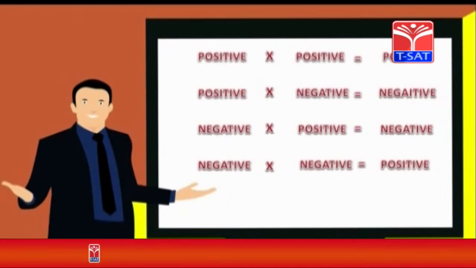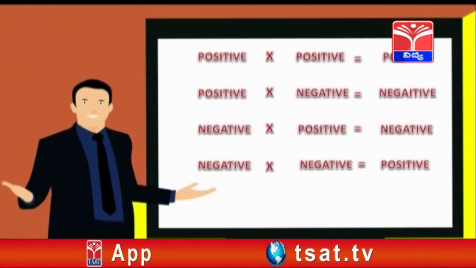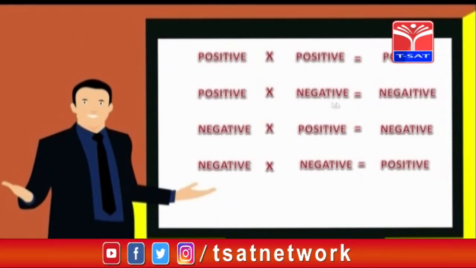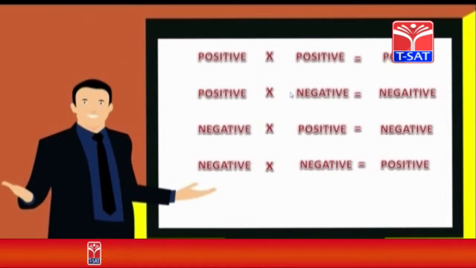What if one symbol is negative and one symbol is positive? You observe the result. If one symbol is positive and one symbol is negative, we always get a negative answer. So that means positive positive or negative negative product we get positive answer, but positive times negative and negative times positive is always negative.